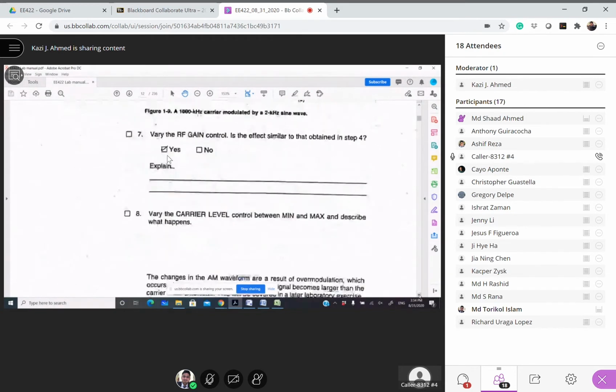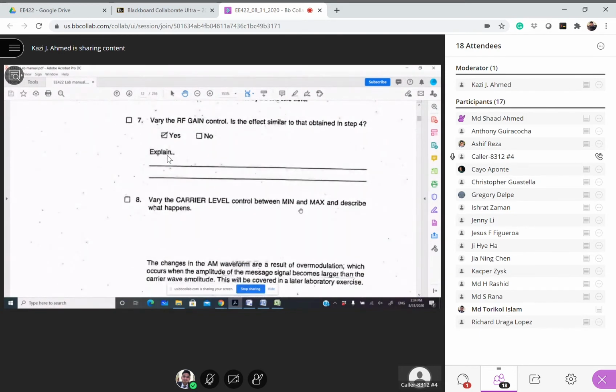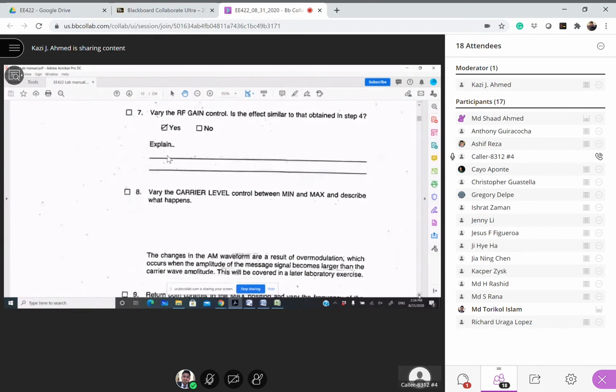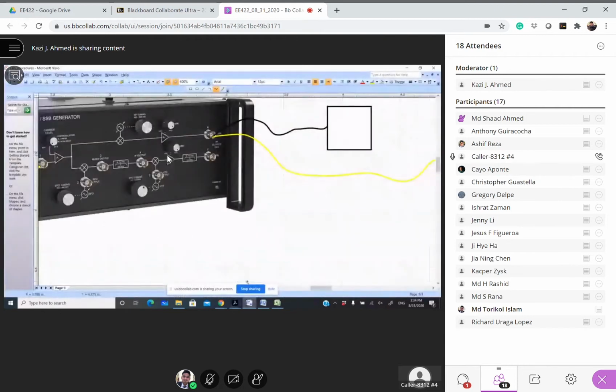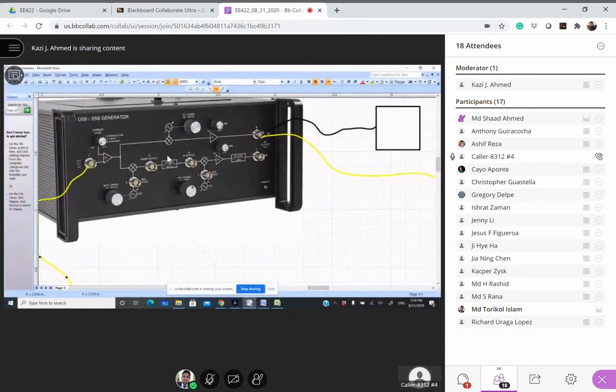Now vary the carrier level control between minimum and max and describe what happens. Here it will be an interesting thing you're going to see. When you change the gain, it is acting on the combination, so the whole thing will increase or decrease in amplitude.